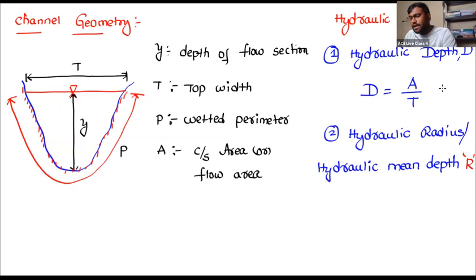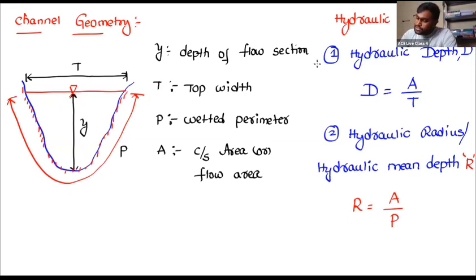Hydraulic mean depth is different from hydraulic depth. The hydraulic mean depth is also known as the hydraulic radius, where the hydraulic radius is the flow area per unit wetted perimeter. If I take per unit top width, that is the hydraulic depth. And per unit wetted perimeter, that is the hydraulic radius. Cross-section area per unit wetted perimeter gives the hydraulic radius.